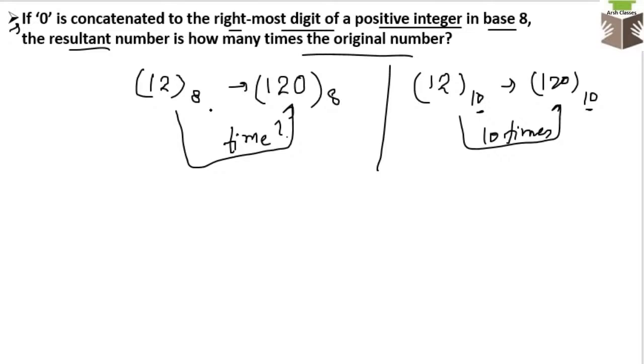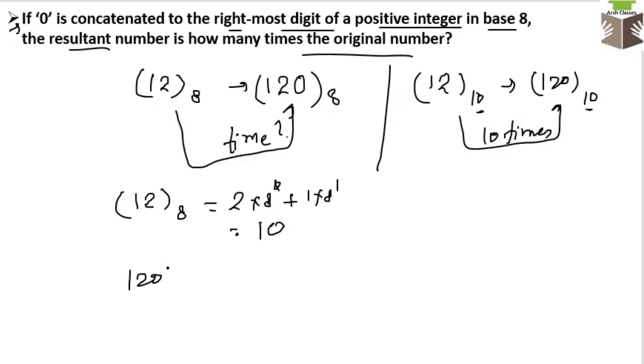But if you want to cross check whether you are correct or not, you can definitely find out the value in base 10. You can see this is 12. What we will write is 2 into 8 to the power 0 plus 1 into 8 to the power 1. So this will become 2 plus 8, this is 10. Now 120 is written in base 8. So this is 0 into 8 to the power 0 plus 2 into 8 to the power 1 plus 1 into 8 square.